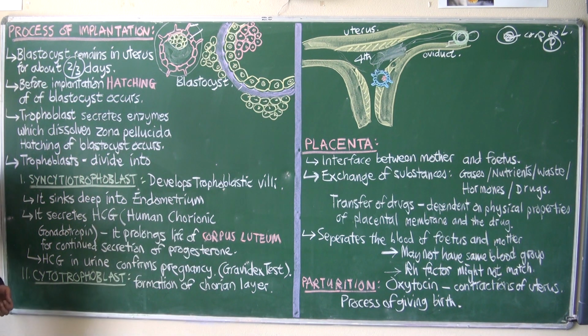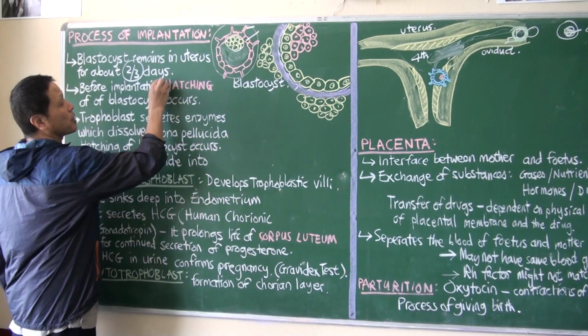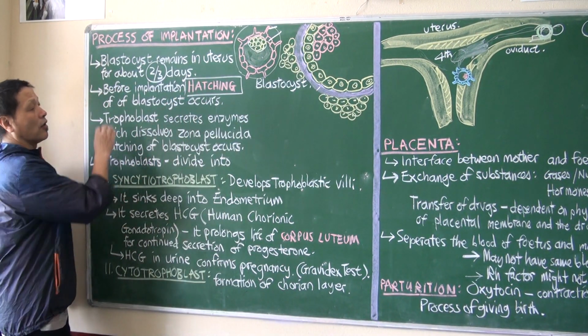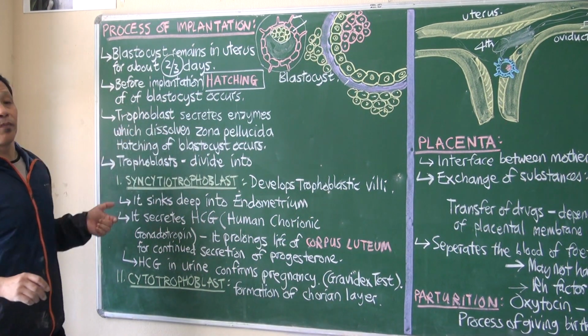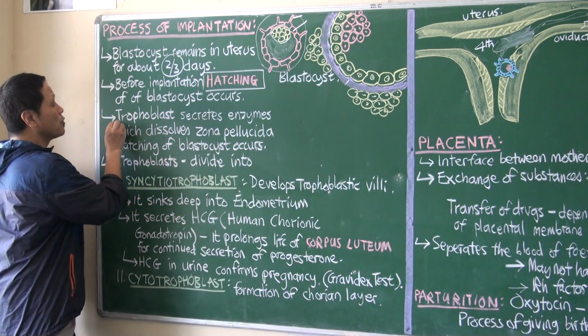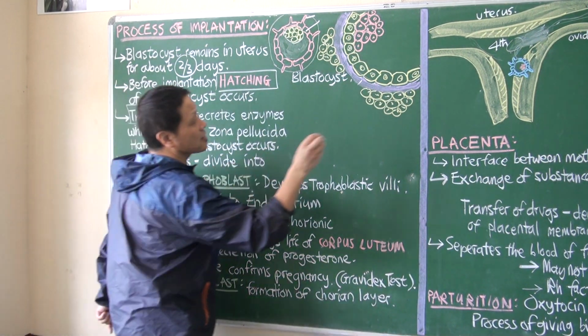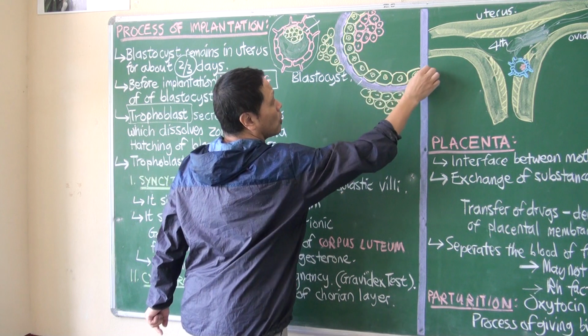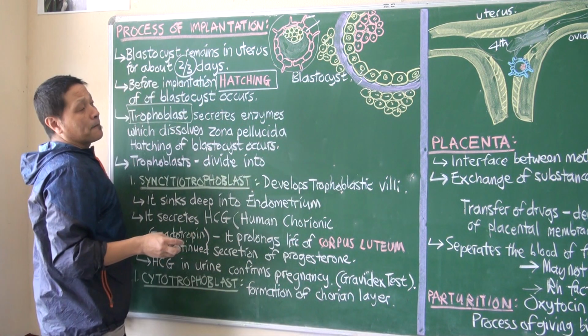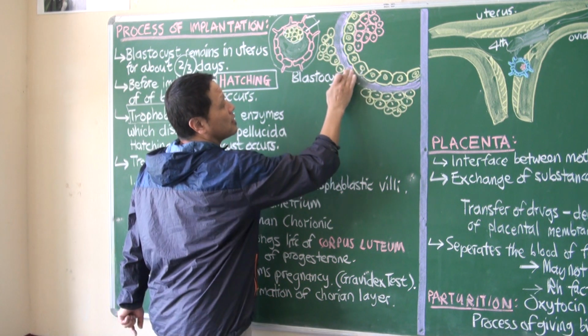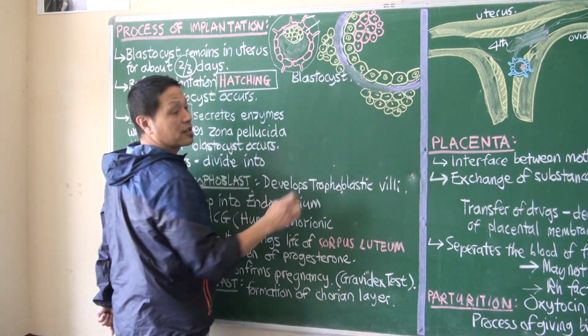Before implantation, there is something called hatching of the blastocyst. Hatching of the blastocyst is initiated by trophoblast cells, the yellow cells. They secrete an enzyme which breaks apart the zona pellucida.